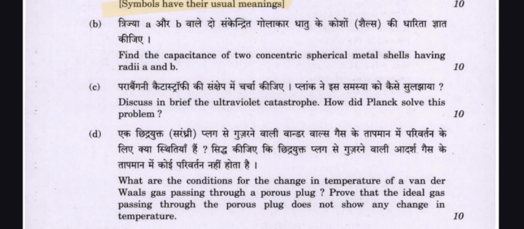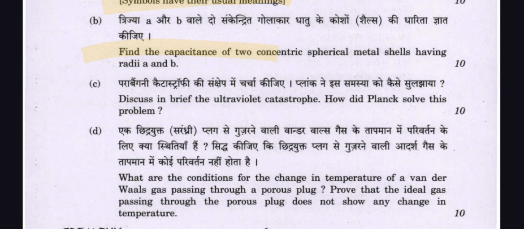Question number B is here. Find the capacitance of the two concentric spherical metal shells having radii A and B. Discuss briefly the ultraviolet catastrophe. How did Planck solve these problems?